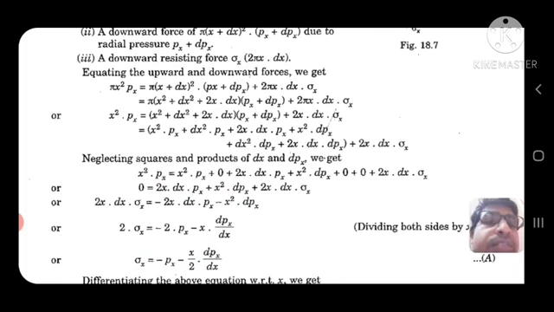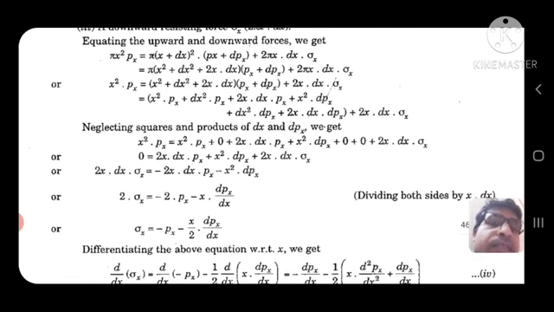Cancelling pi, x square dot px equals x square plus dx square plus 2x dx, px plus dpx, plus 2x dx sigma x. So x square px plus dx square px plus 2x dx px plus x square dpx plus dx square dpx plus 2x dx dpx plus 2x dx sigma x.